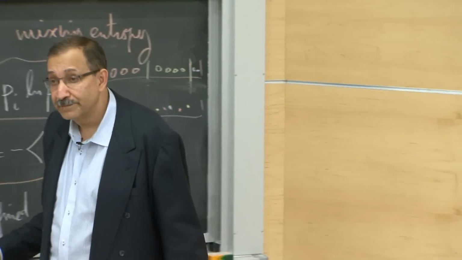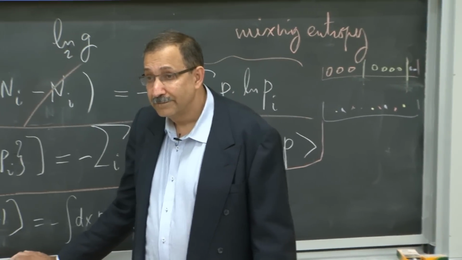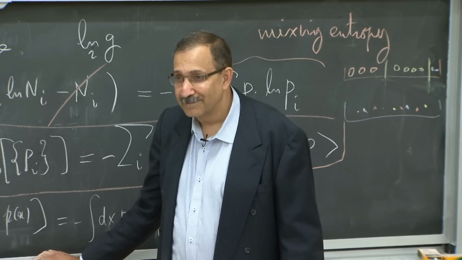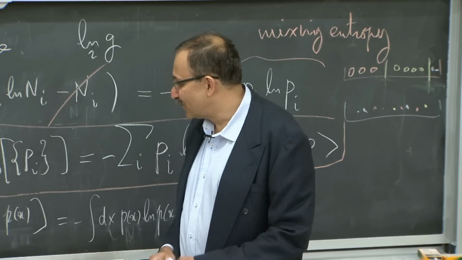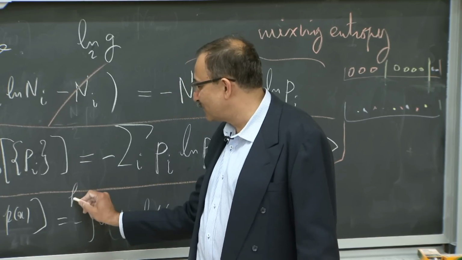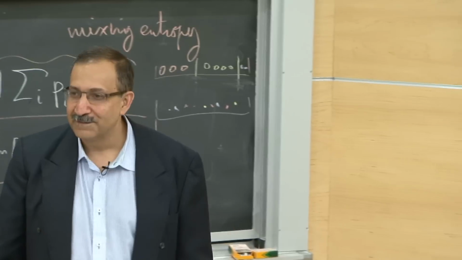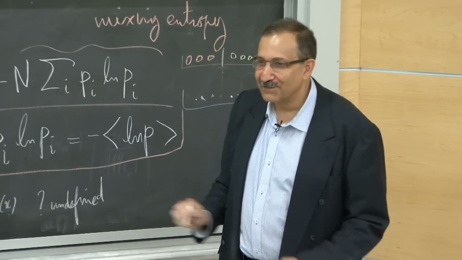Yes? What's the relationship between the entropy defined here and the entropy defined earlier in the Clausius formulation? Okay. We'll find that all we have to do is to multiply by a Boltzmann factor and they will become identical. So we will see that.